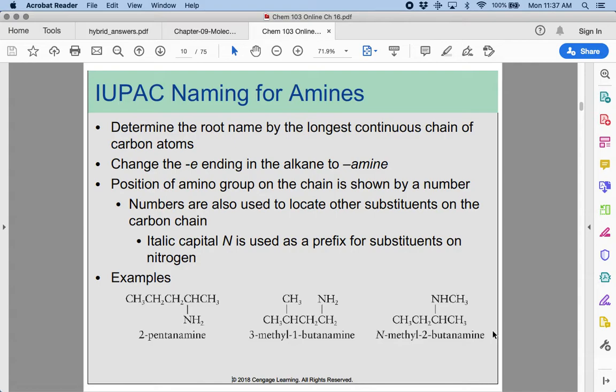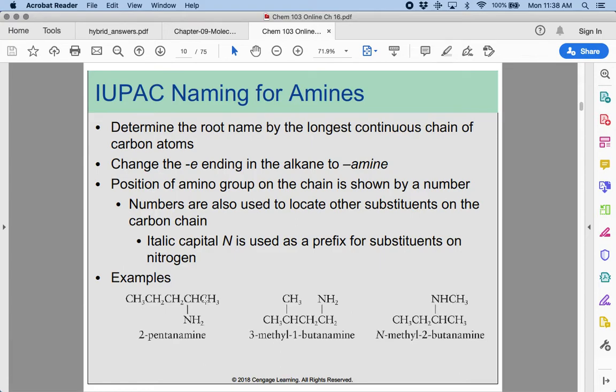And just like we have been doing, if you had propane or butane, we'd cut off the E and add amine, so it would be butanamine or propanamine. We also use the number of the carbon chain to identify where the substituents are, as well as a capital N, written in italics, if there's going to be anything attached to the nitrogen. So we'll talk about that when we look at this one here.